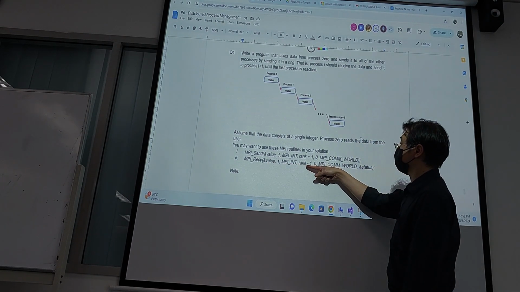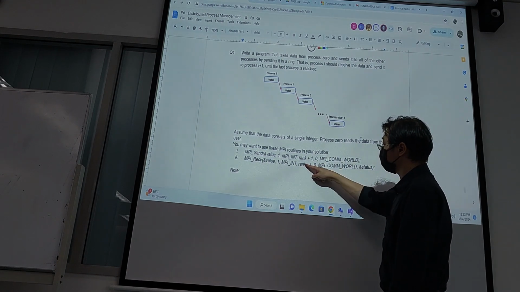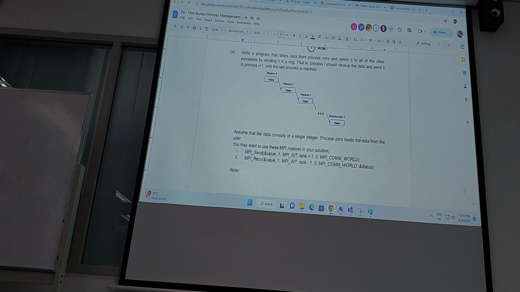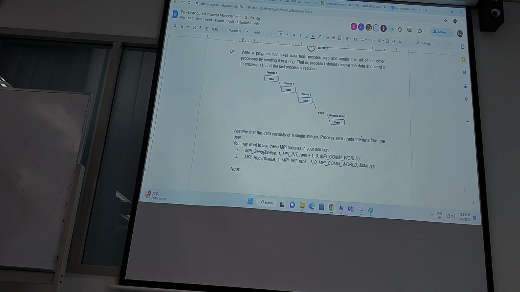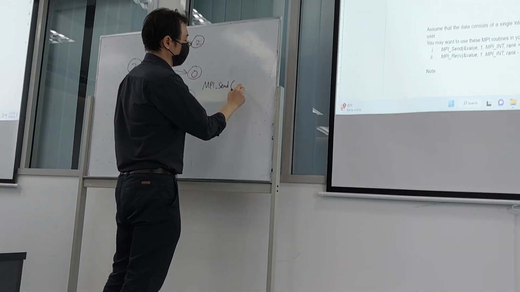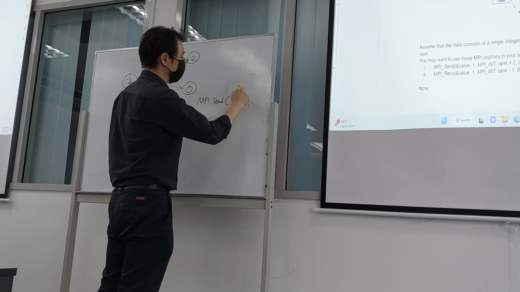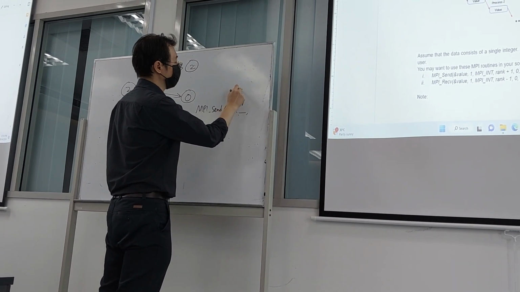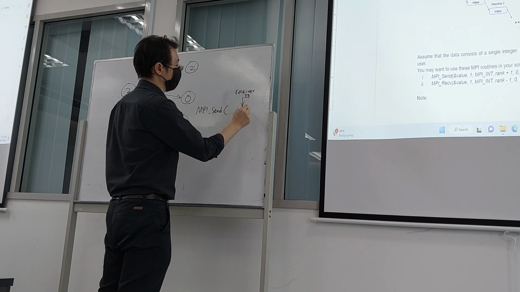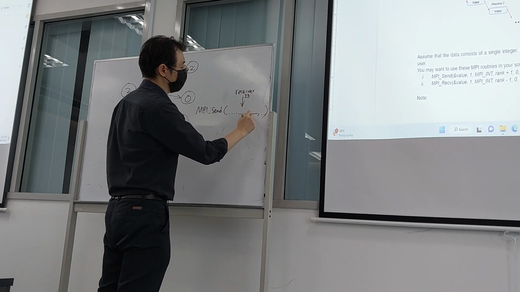So this is the sender, and this is yourself. Okay, so MPI send. The first one here is the receiver ID, and then this is the sender ID.